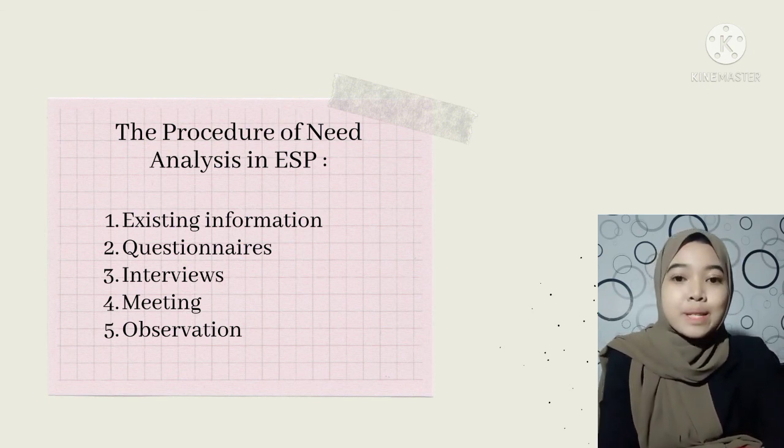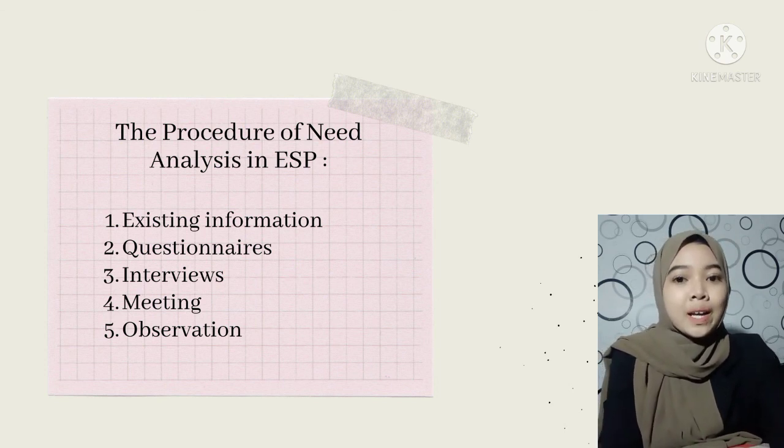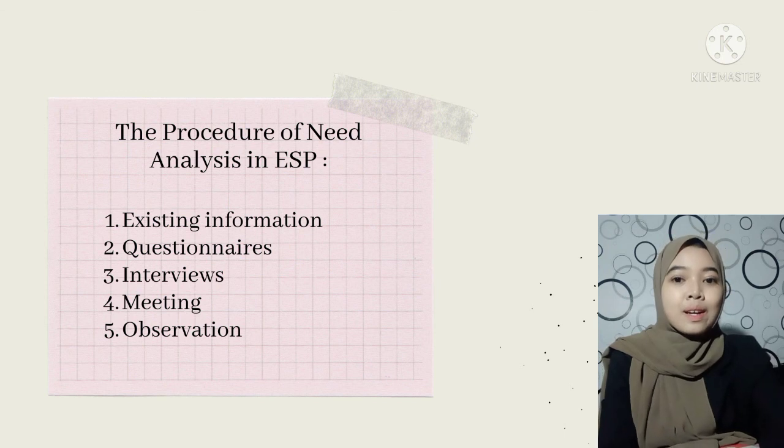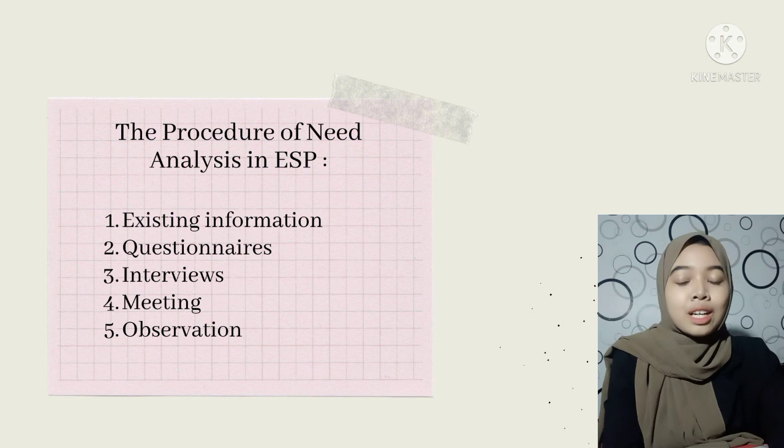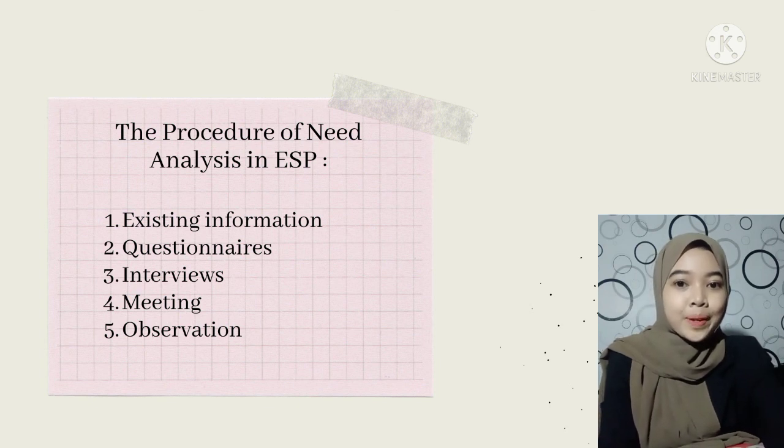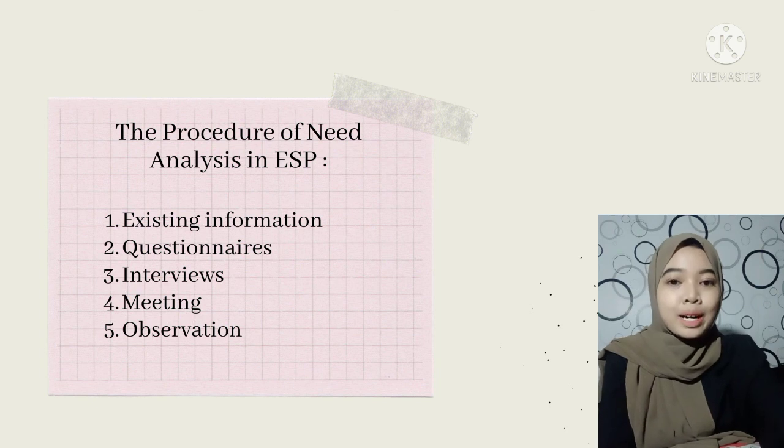The fourth is meeting. Meet with someone who needs to learn in English for specific purpose. And the last is observation. Observation by attending the location that the learners need.